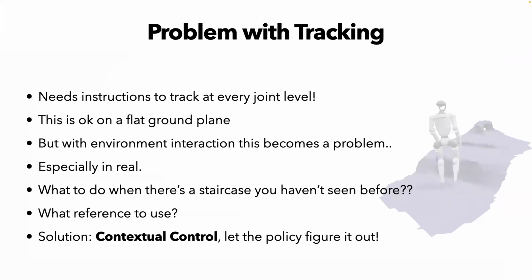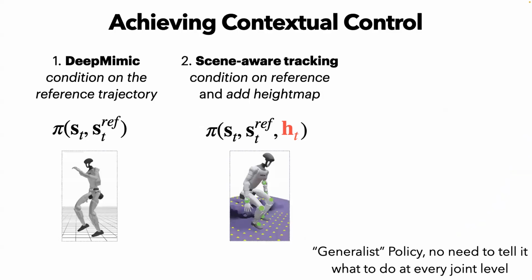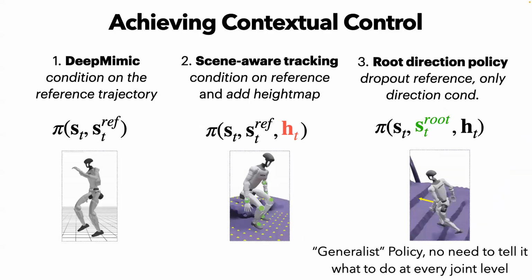Anyway, really, the goal is you let the policy figure this out on its own. So there is this replacement of the s_ref. We get rid of the reference and replace it with just a direction from the root. This way the robot figures out what to do. And this is what we call a generalist policy, because we don't really need to tell it what to do.